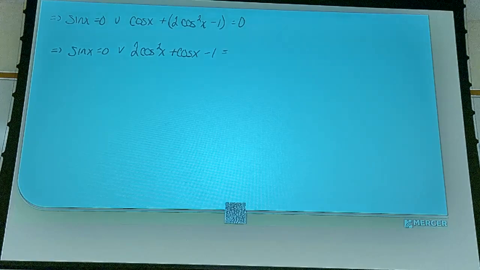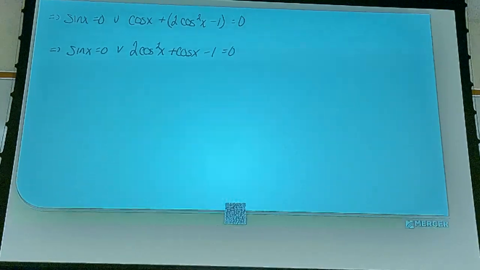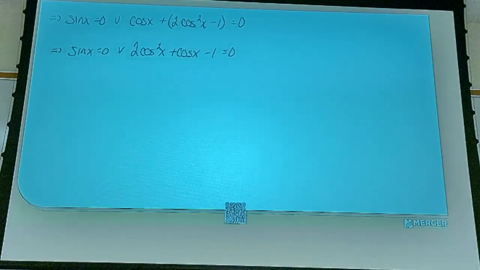And that second one is of course quadratic. Can that be factored? Yes.